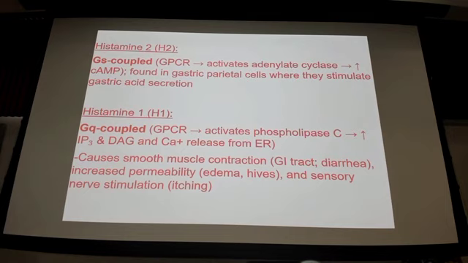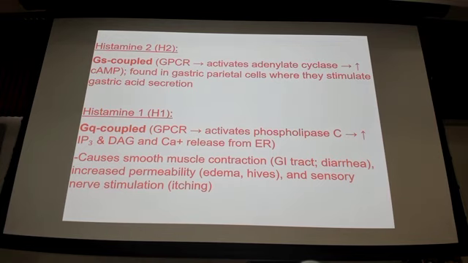But these histamine 2 receptors are found in the stomach primarily, and they cause the increase of gastric acid production or secretion from parietal cells. So, of course, we would give histamine blockers because we don't want that acid to be overproduced.